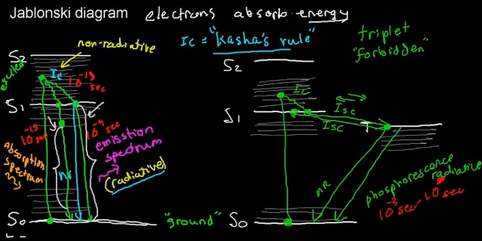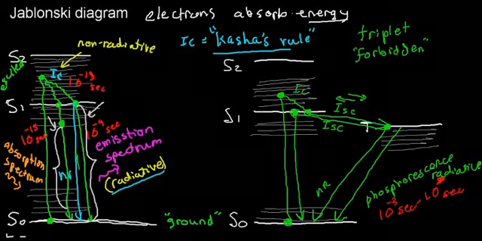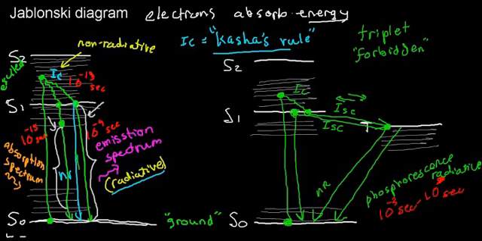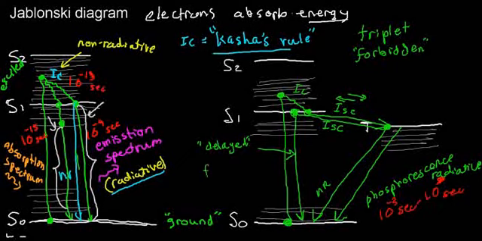If I go back and forth, the same thing can happen when I'm here. I can go down in a non-radiative fashion, just like this thing right here. But if I come down in a radiative fashion, we already agreed it's going to be called fluorescence. But this fluorescence is going to be called delayed fluorescence.